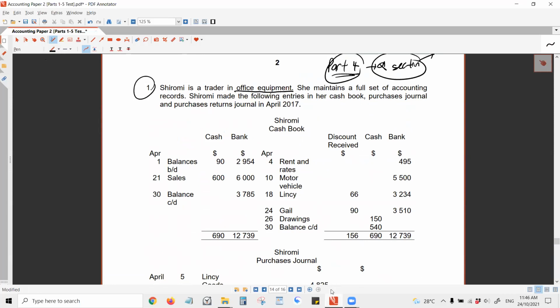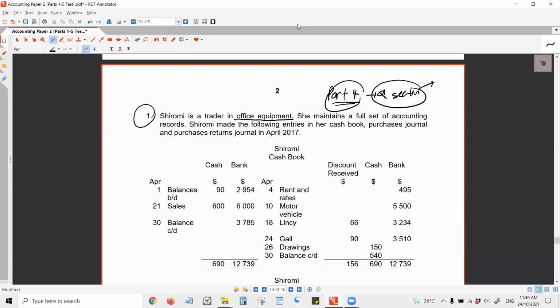So is office equipment here goods or NCA? Everyone, I let you have a chance to try. Is the office equipment here NCA or goods? I wait for you to try. I drink some water.